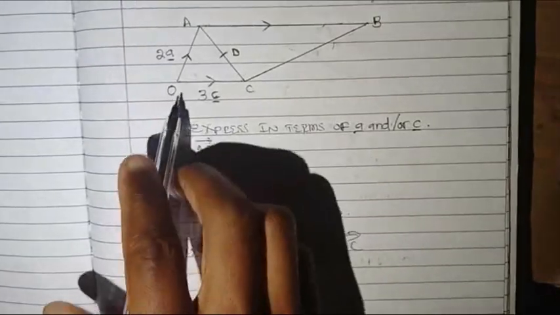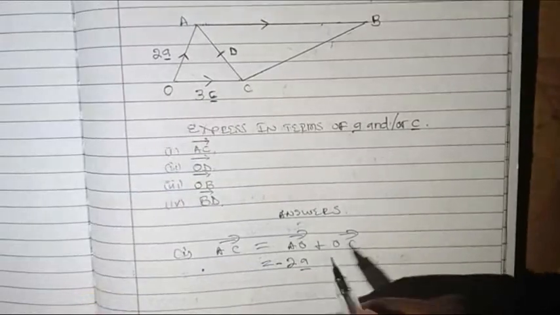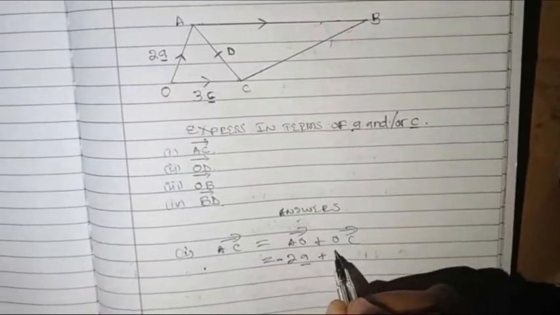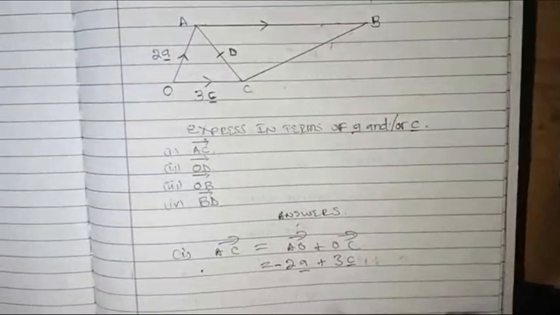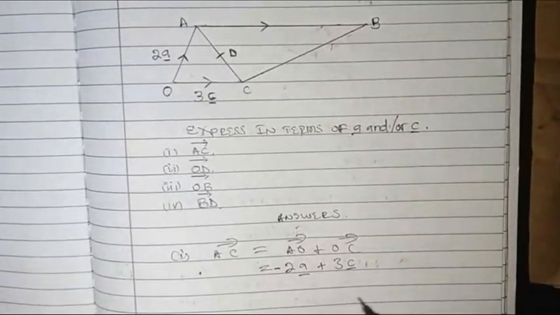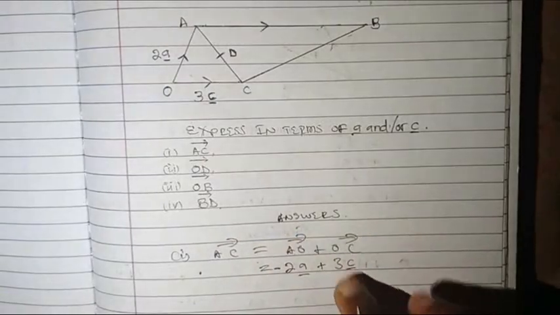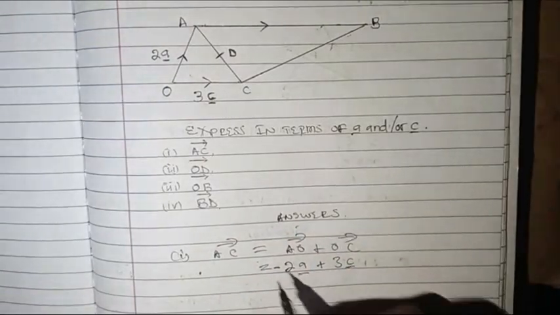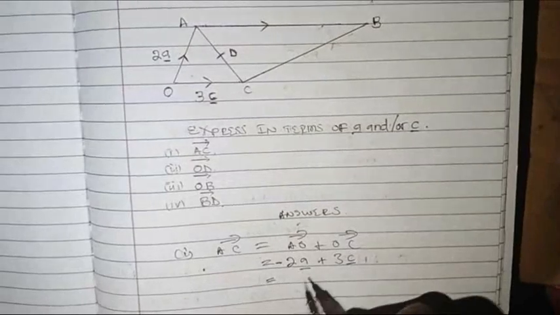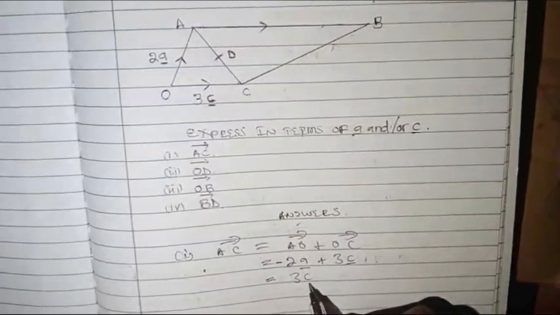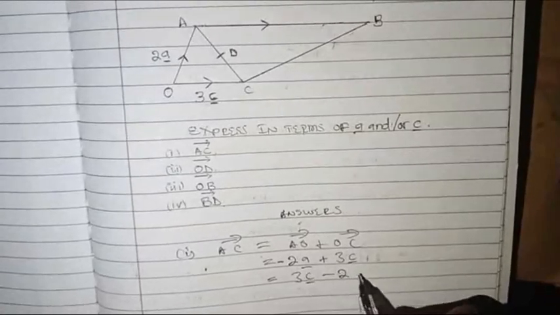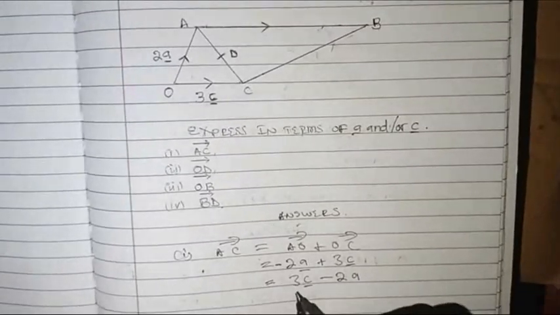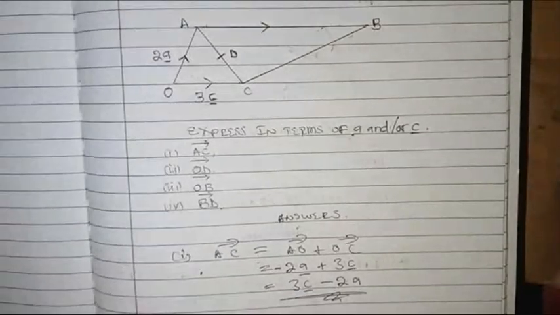What is OC? OC is just 3c, so it's going to be positive 3c. Now in mathematics, we tend to write the positive term first, followed by the negative term. So we can rewrite this as 3c minus 2a. Okay, so that's how we answer this question.